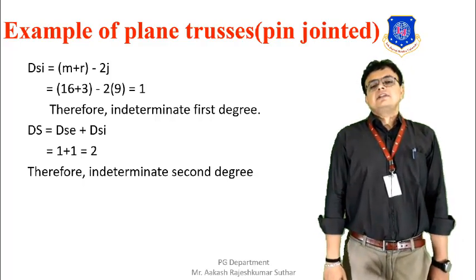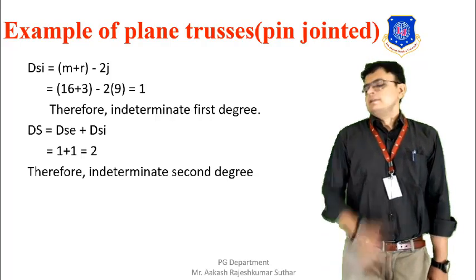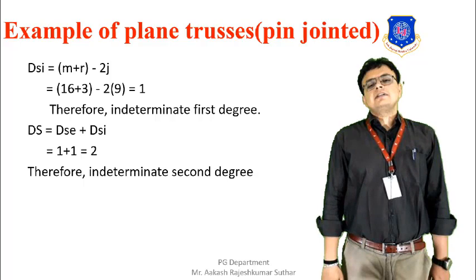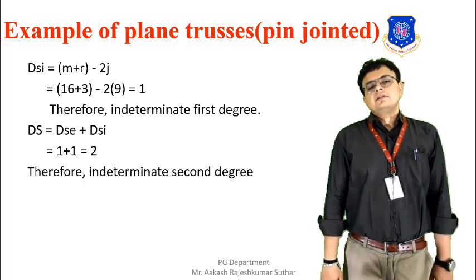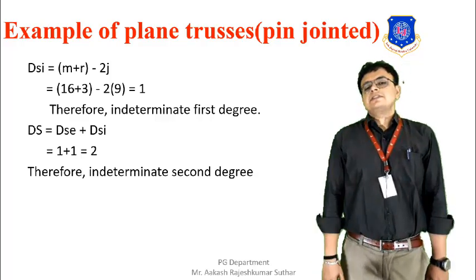The condition of equilibrium equations available is 3. The number of joints is 9. We just have to put all these values into the formula: 16 plus 3 minus 2 into 9. So basically we are getting the internal indeterminacy at first degree.